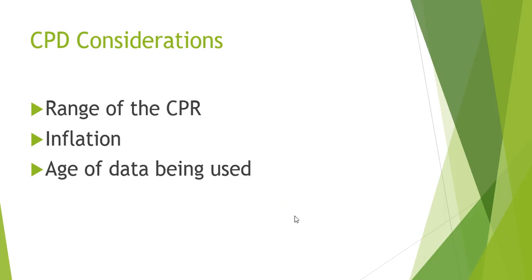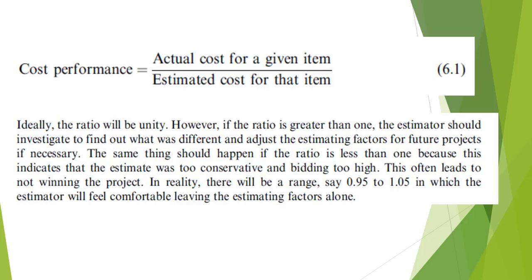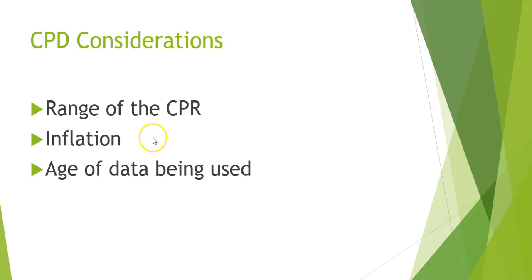Some of the things that also affect that cost performance ratio is the kind of data you're including in the numbers that you're comparing. In other words, if you're using cost data, one of your output numbers is cost data.